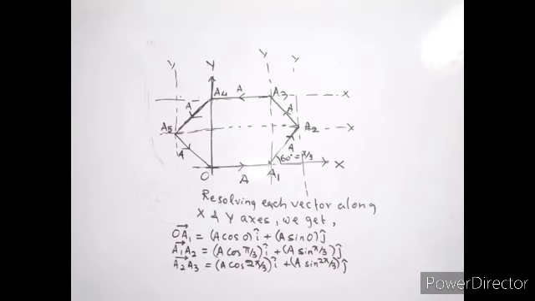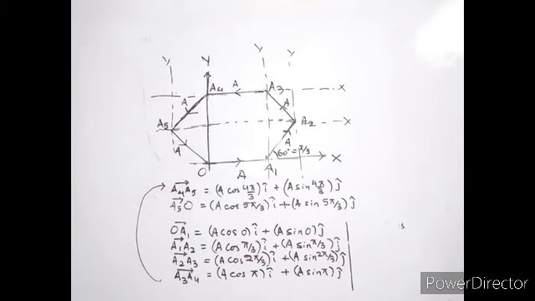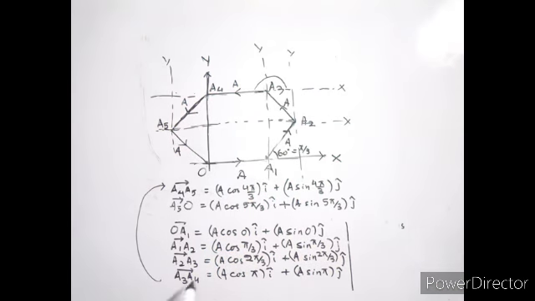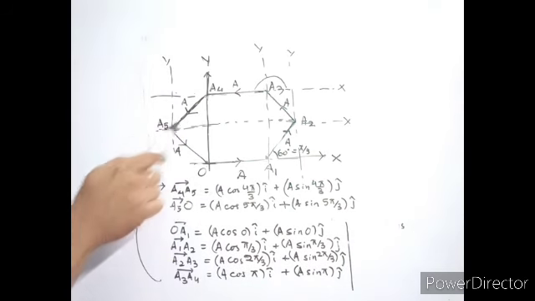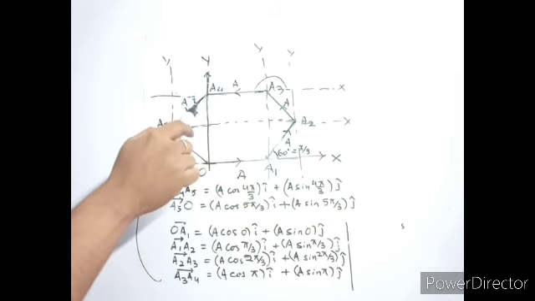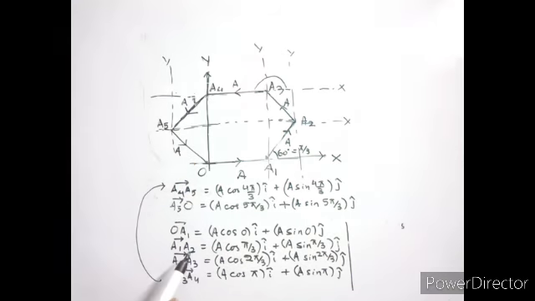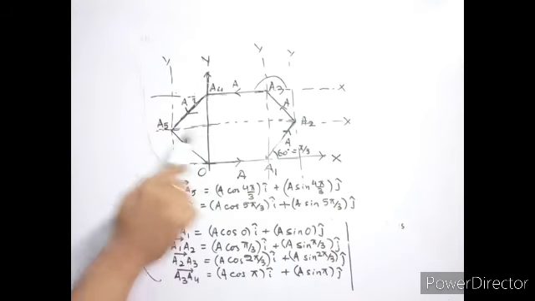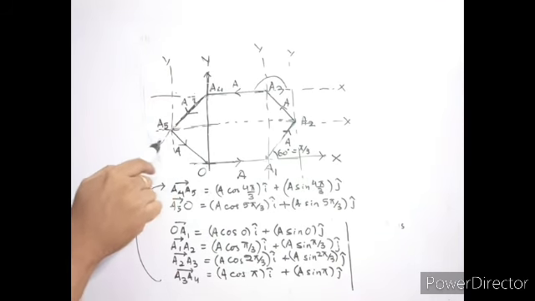Similarly, the next vector, A3A4, makes an angle of 180 degrees with the x-axis, so a cos pi i cap and a sin pi j cap. Again A4A5 is making an angle of pi plus pi by 3, which gives 4 pi by 3, the total angle, that is 240 degrees. So the A4A5 vector is a cos 4 pi by 3 i cap and a sin 4 pi by 3 j cap.